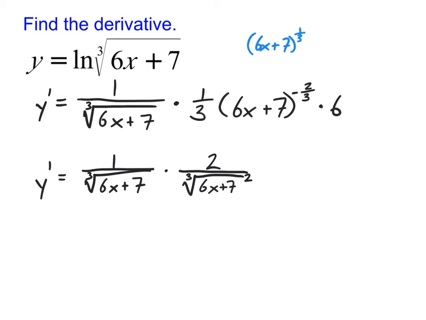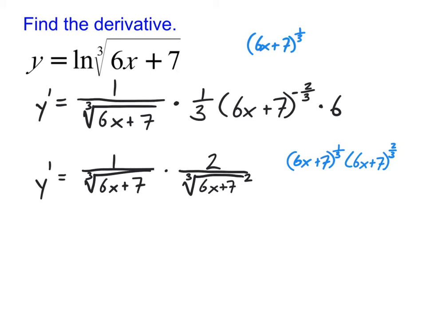But now notice that the stuff inside of those two cube roots is the same. I have this 6x plus 7 to the power of 1/3 in the bottom of the first one. And I have the 6x plus 7 to the power of 2/3 in the denominator of the second fraction. If I put those together and multiply them together, what do I do with the exponents?